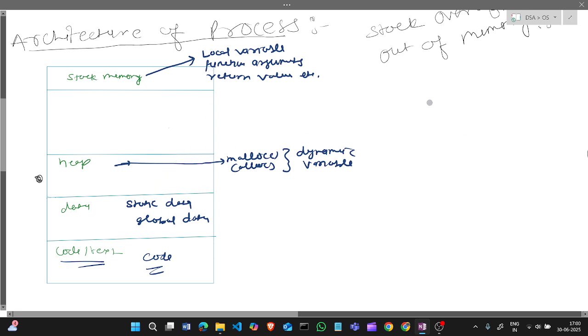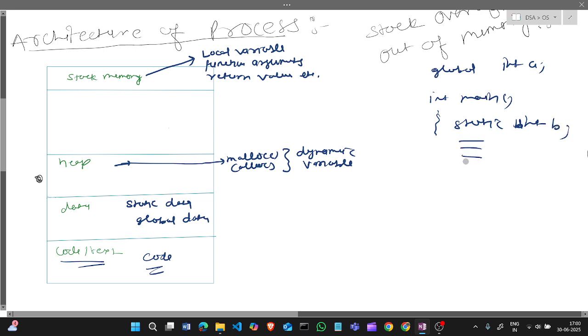If this is the process, let's say int main, and global variables are also there, like int a outside of this, and static variables like static int b.